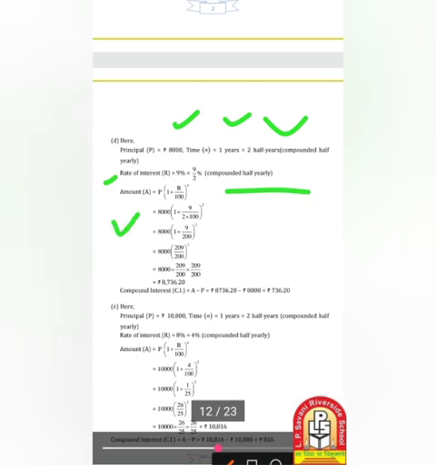So amount A is equal to P into the bracket 1 plus R by 100 raised to n. So here 2n, and the rate is given by 9 by 2, so 2 cancels, and we get 2 periods for half yearly. So 8,000 into 209 by 200 multiplied by 209 by 200.